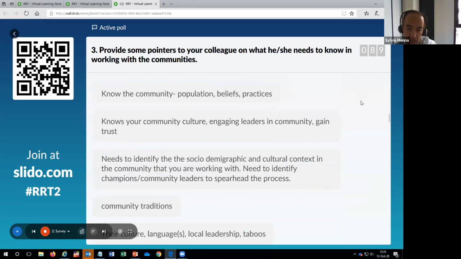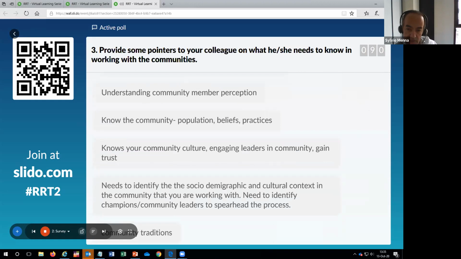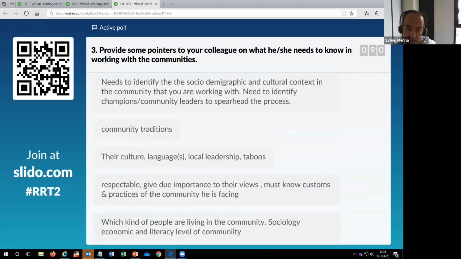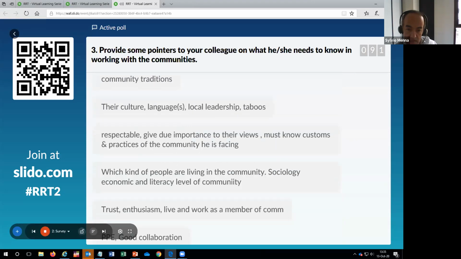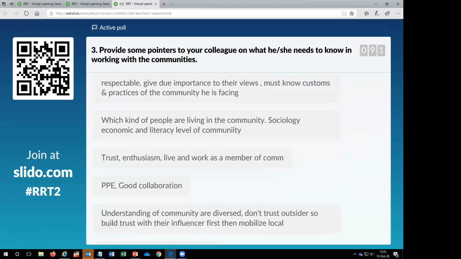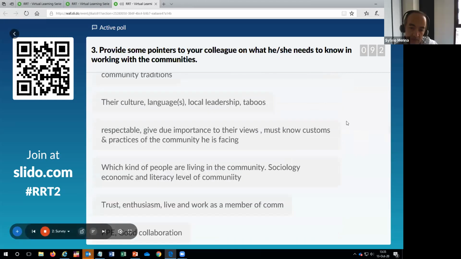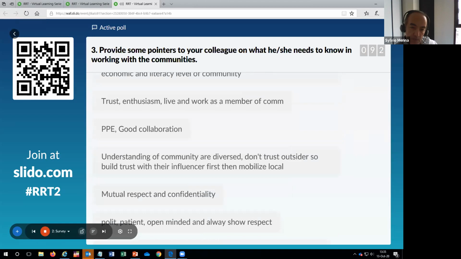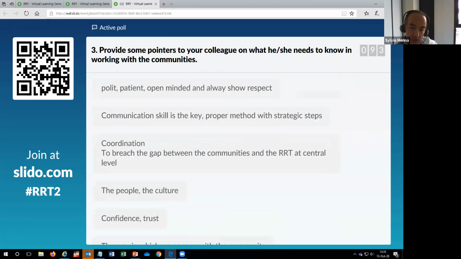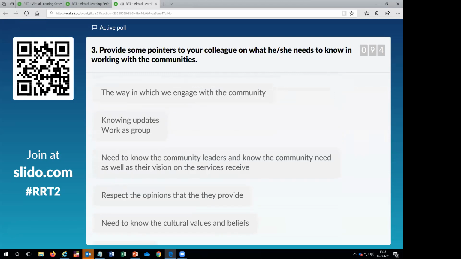A good one. Trust is frequently on our screen. Trust, enthusiasm, live, and work as a member of the community. PPE, good collaboration. Good.